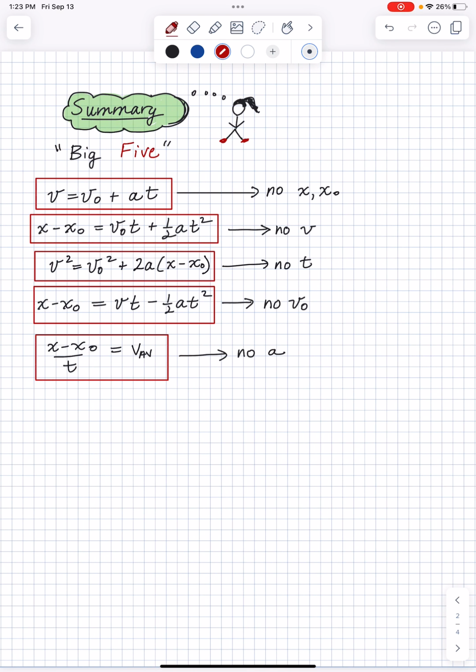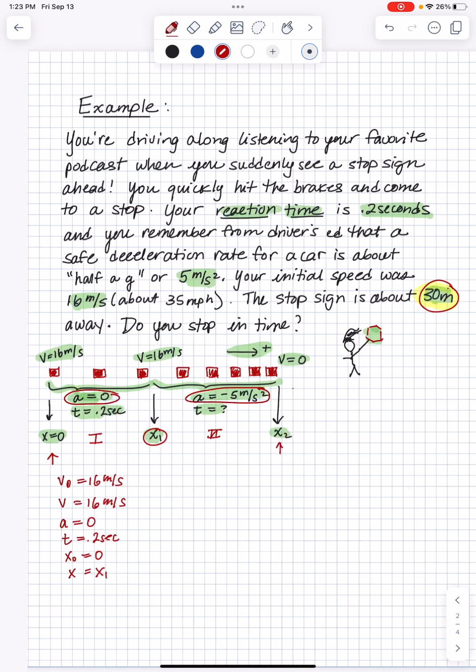When I look back at my equations, I want one that has x, that has t, that has v initial, and so the one I want to use is this one here, without v final. There's a number I can use, but I'm going to use that one.